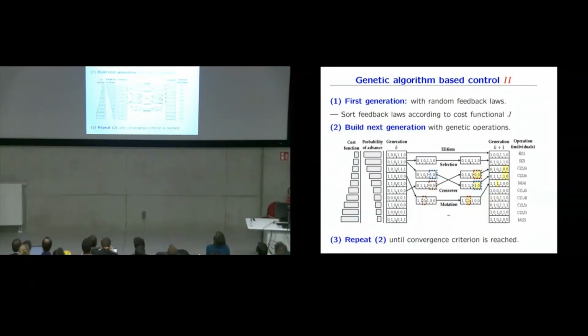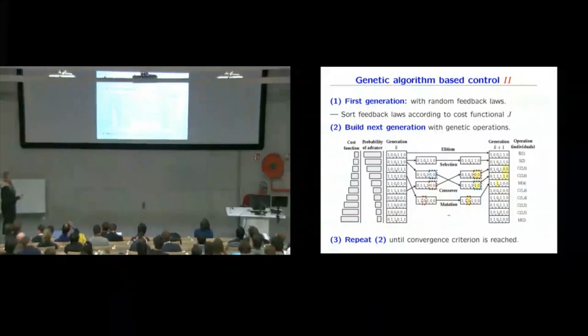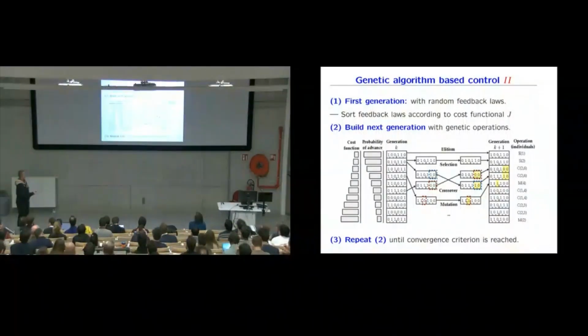Well, this is your memory preservation. So you don't want to start from scratch. And the first individuals have a higher chance of being selected than the worst individuals. So to some extent, this is your memory of your control landscape.